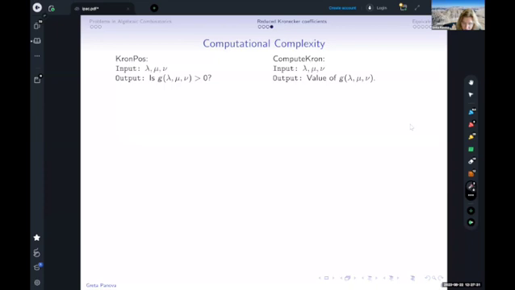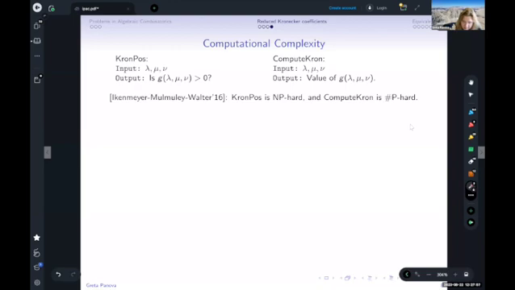And of course, from the computational complexity point of view, we also ask the question: in what computational complexity classes is computing them or deciding their positivity? This is a whole other set of talks, what these complexity classes are and why this is relevant. But just to say this in the background, deciding Kronecker positivity is NP-hard. So there couldn't be a very simple rule for that.